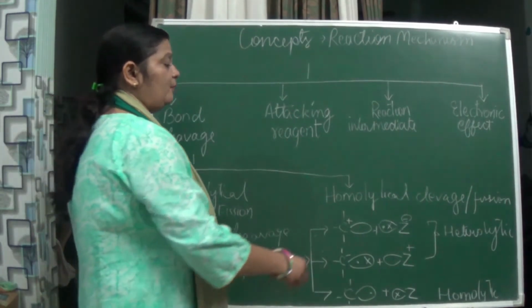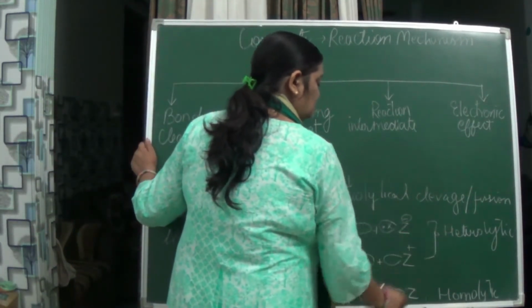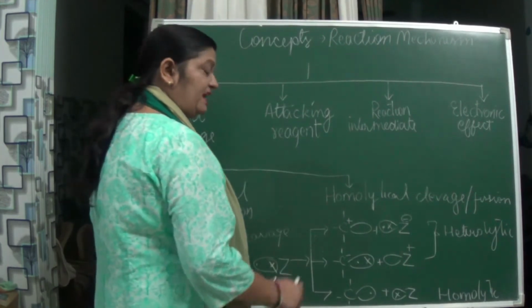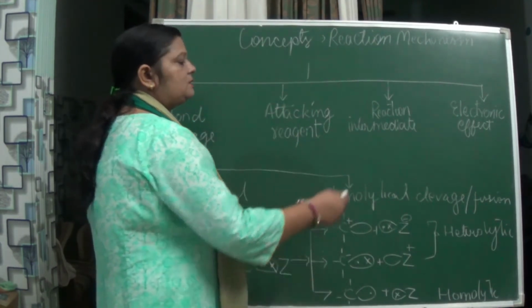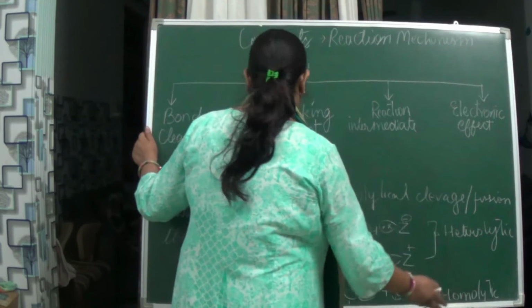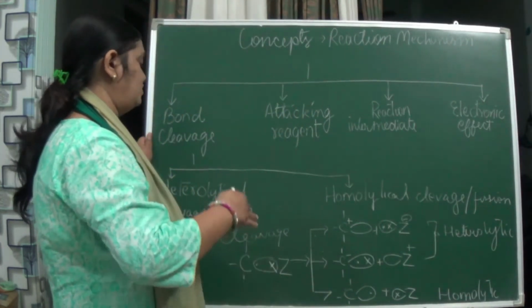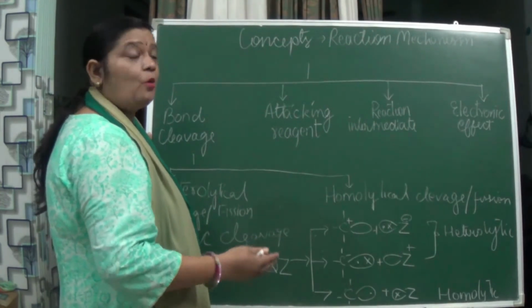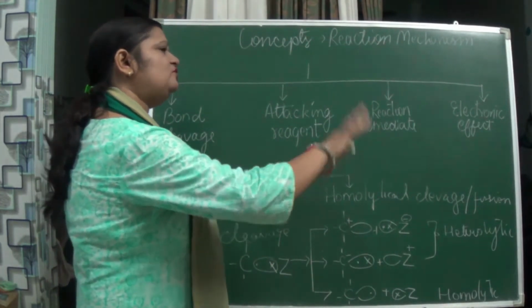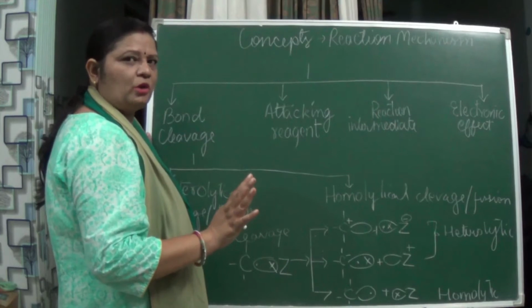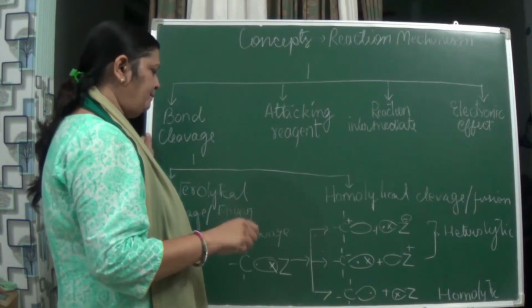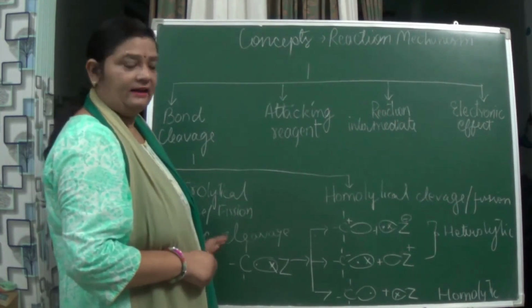So this type of cleavage, where unequal distribution of electrons takes place during the cleavage, is known as heterolytical or heterolytic cleavage, and this is known as ionic cleavage. Why? Because the electrons are shifted towards one side only. It is not being shared. So it is an ionic cleavage.